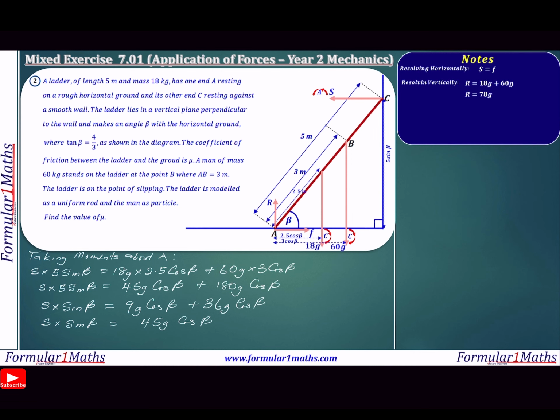But we also know that F is equal to mu R. This equation implies that S equals mu R, since S is equal to F. But R is 78G, so S is equal to 78G times mu.